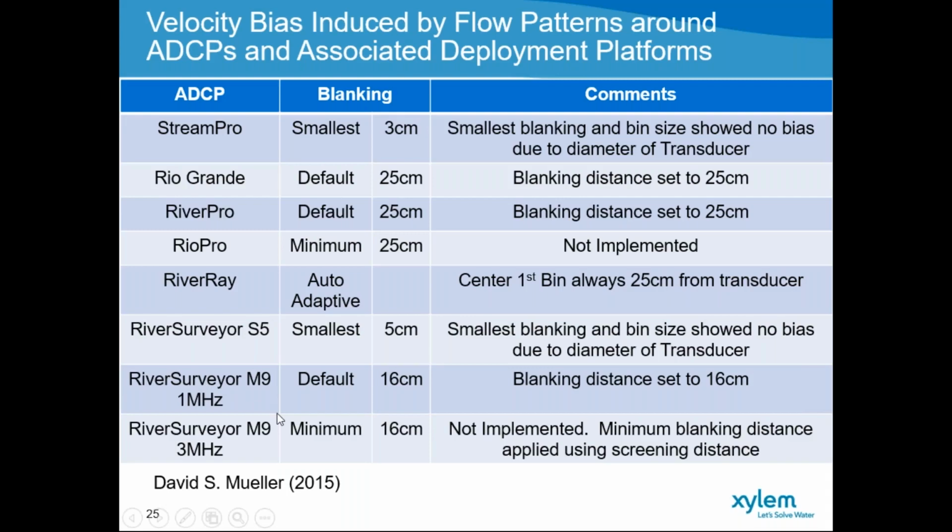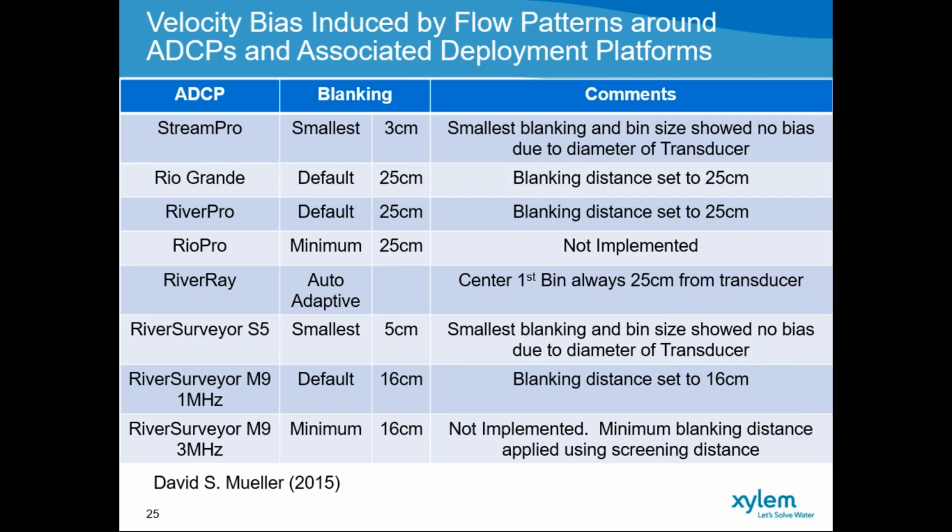RiverSurveyor M9, 1 megahertz, is using a default of 16 centimeters, and that is programmed in the firmware. And that's also the distance that the USGS recommends the minimum blanking distance should be for the M9. And then with the 3 megahertz, the minimum is recommended as 16 centimeters. This is not implemented.